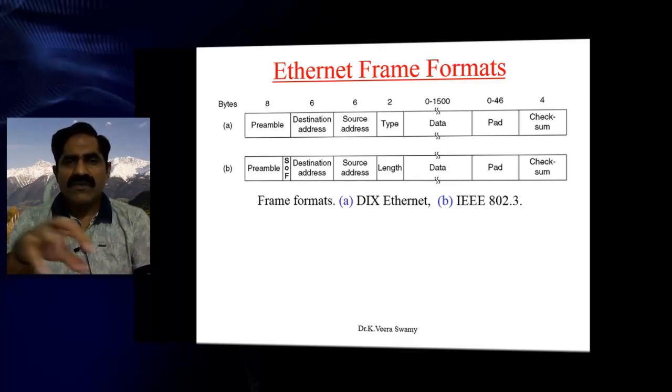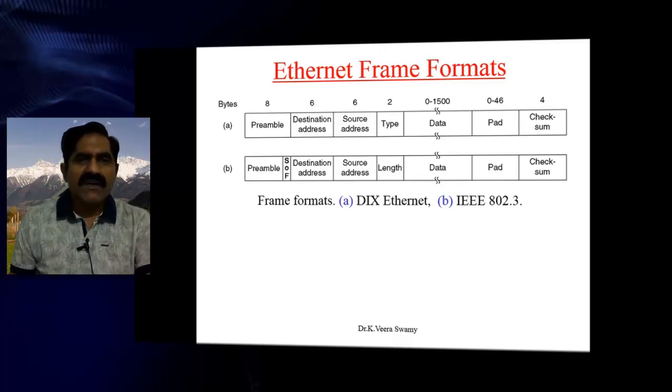Now we are going to discuss why we take other possibilities. First we discuss DIX Ethernet, and then we'll discuss IEEE 802.3. What is the major difference between these two? In DIX Ethernet the preamble is 8 bytes, whereas in IEEE 802.3 the preamble is 7 bytes and the start frame delimiter is allotted 1 byte.